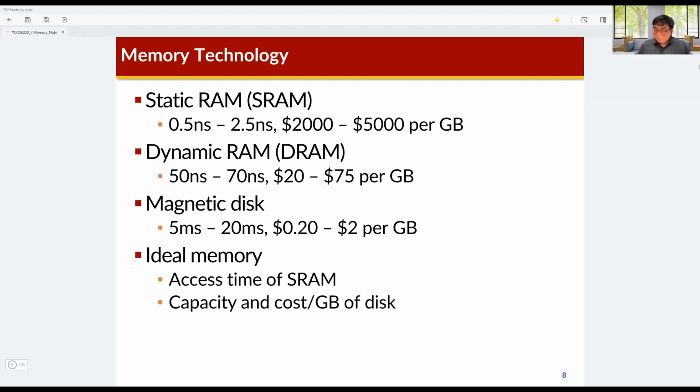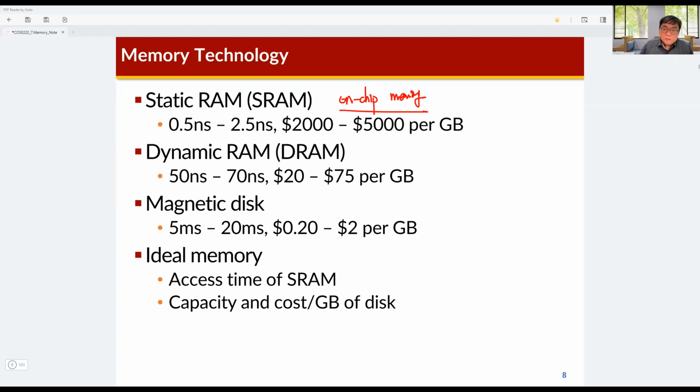SRAM is the fastest and most expensive memory, and it is usually called the on-chip memory, because the CMOS technology used by SRAM is similar to the technology used for processor and digital designs.